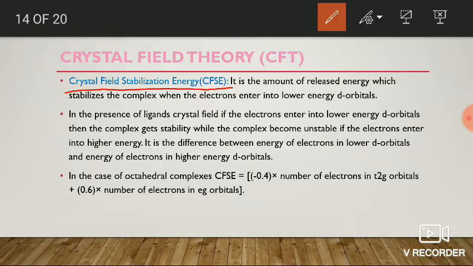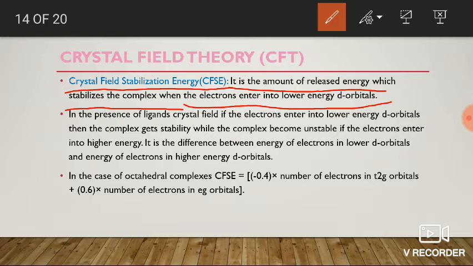Crystal field stabilization energy is the amount of energy released which is used to stabilize the complex when the electrons enter into lower energy d orbitals. That is, due to the splitting of d orbitals we get various energy levels.